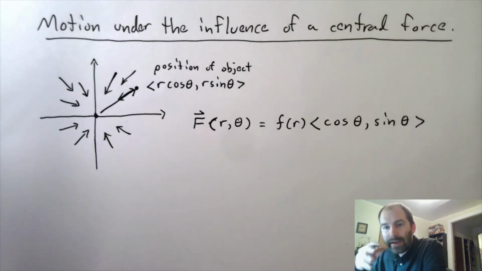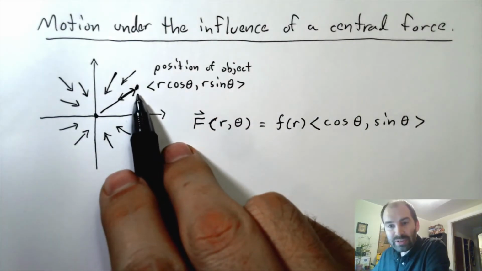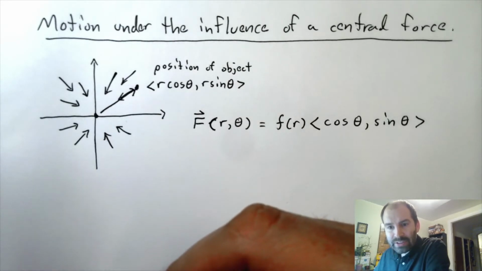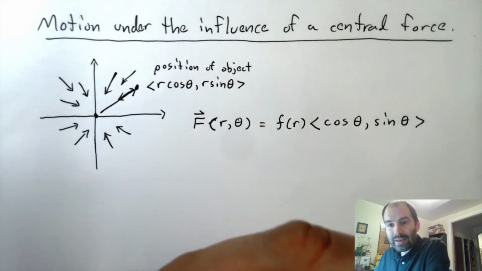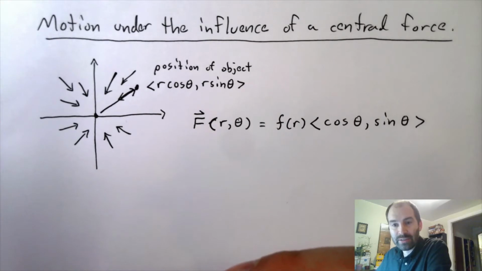All right. Now the object is under the influence of this force, right? So this object is going to be experiencing a force, right? And the force that this object is experiencing is the same as the mass times the acceleration of the object, right?